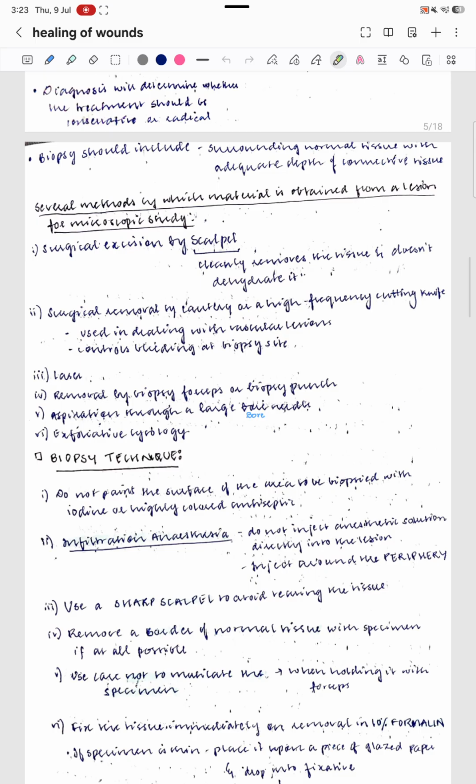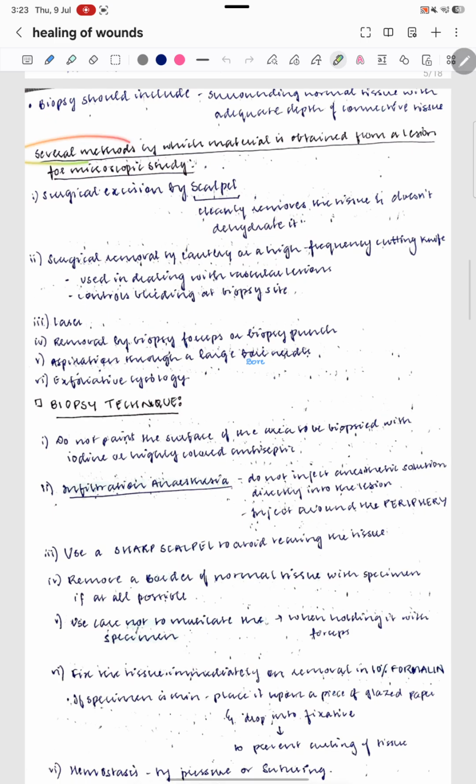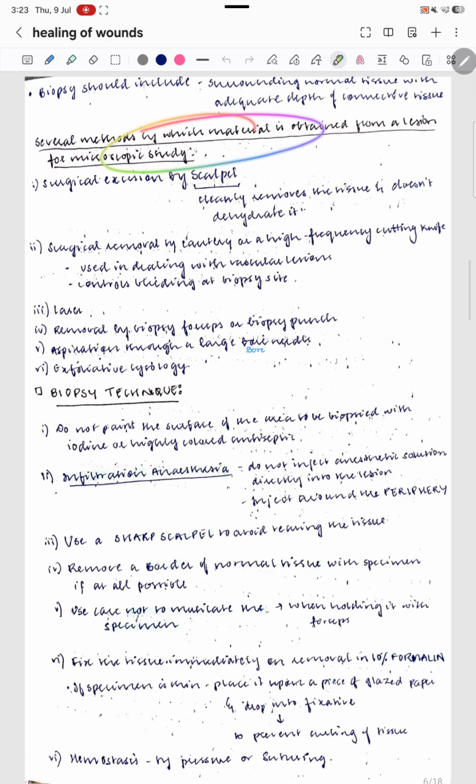There are several methods by which material is obtained from a lesion for microscopic study. This is basically how tissue is dissected or excised. First is the use of a scalpel. A scalpel cleanly removes the tissue and does not dehydrate it.